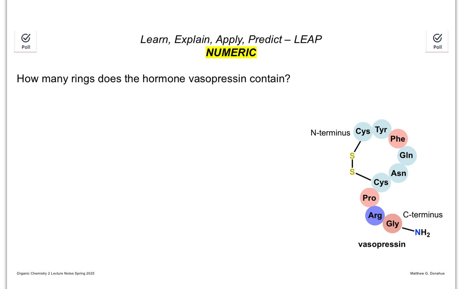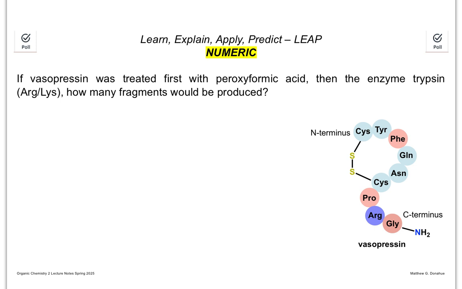So here are some questions to consider. How many rings does vasopressin have? So you include the big ring from the disulfide bond, but also the rings that are present in the individual amino acids. So you're given the sequence itself, but when you treat with peroxyformic acid and then trypsin, how many different fragments would be produced from vasopressin?